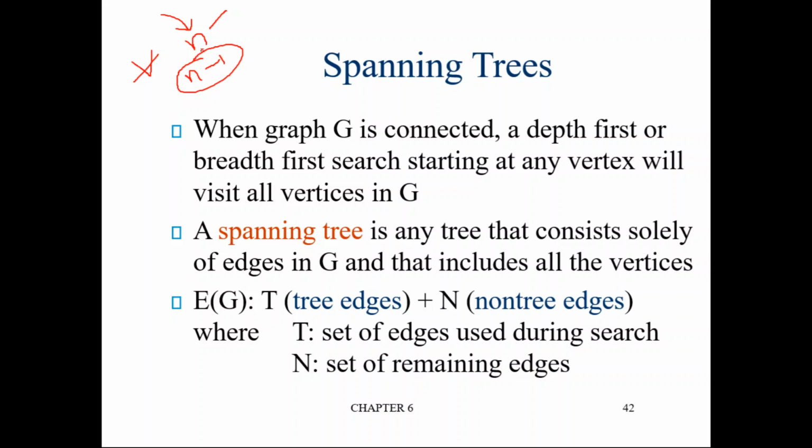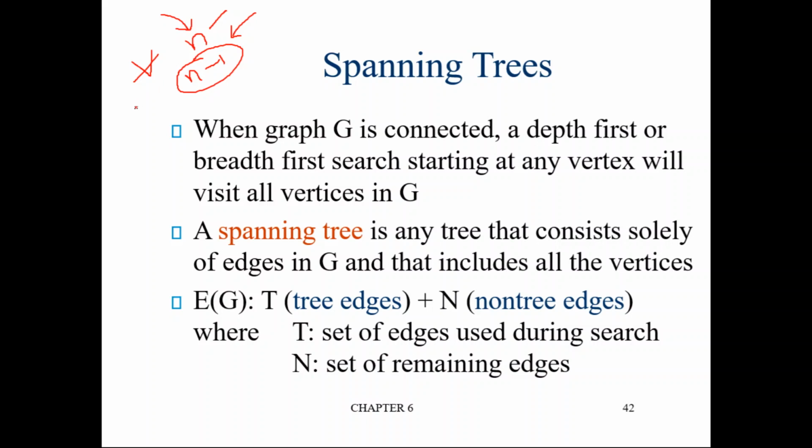Otherwise, say you are trying to create a spanning tree from a graph, and it contains more than n minus 1 edges. Then that will be a graph, not a tree. If you include one more edge beyond n minus 1, then a cycle will be introduced.